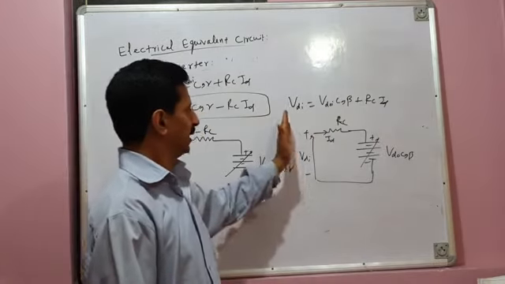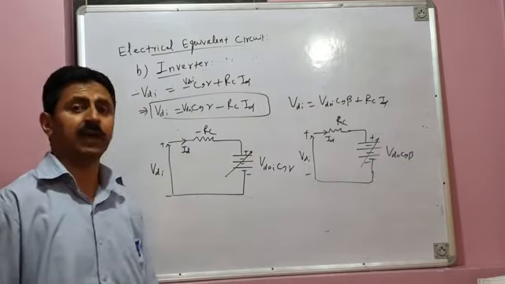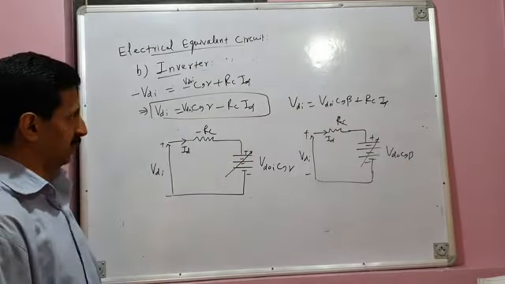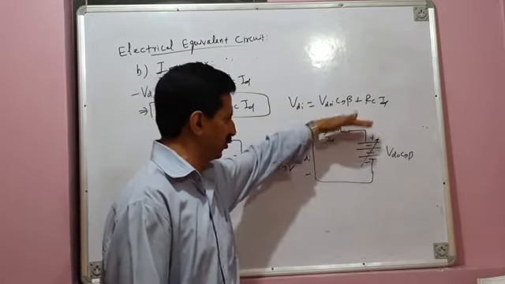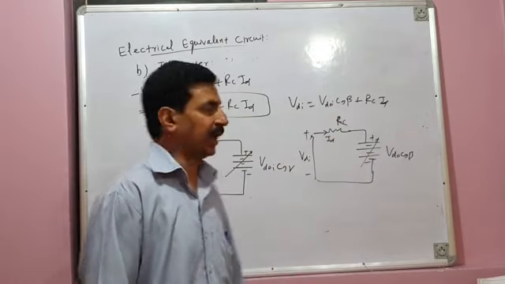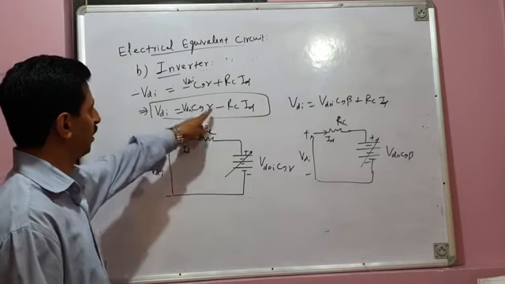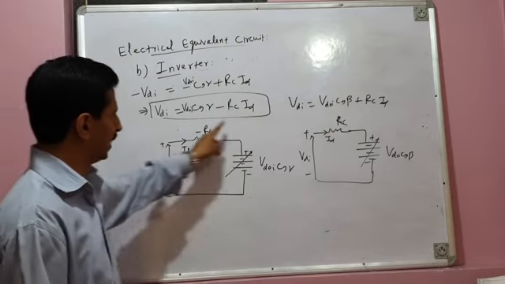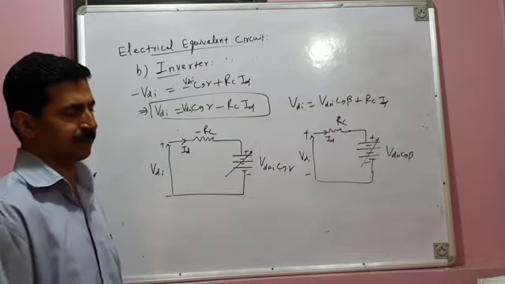One is in terms of beta, another is in terms of gamma. The modeling equations in terms of beta are VDI is equal to VDOI cos beta plus RCID, so you get electrical equivalent circuit in terms of cos beta. And in terms of gamma, your equation is VDI is equal to VDOI cos gamma minus RCID, and the electrical equivalent circuit in terms of cos gamma is this one.